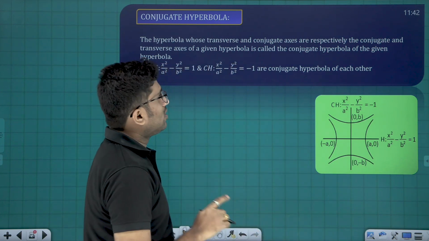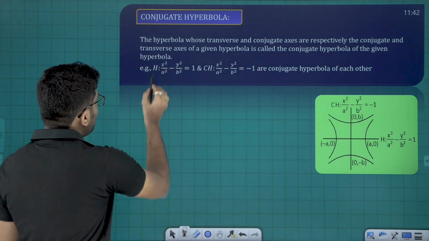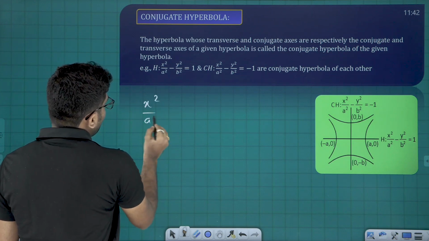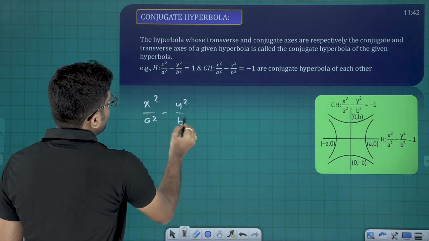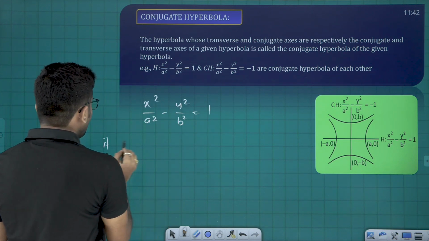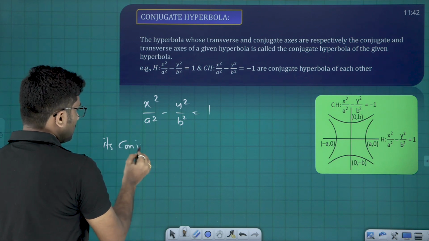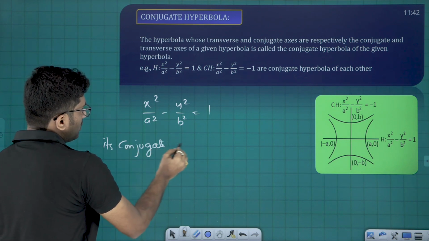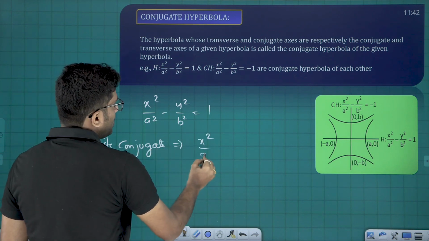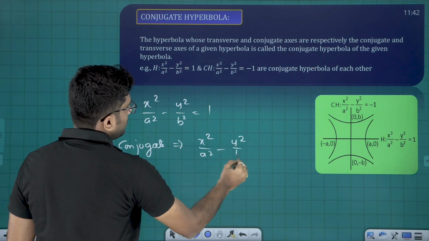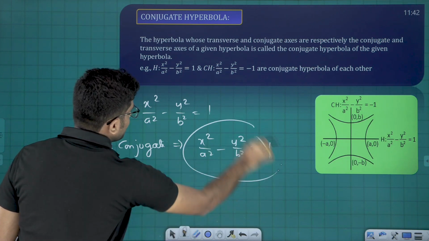Such a hyperbola is called the conjugate hyperbola for the given one. Now, for any hyperbola x square by a square minus y square by b square equals 1, its conjugate is x square by a square minus y square by b square equals minus 1.